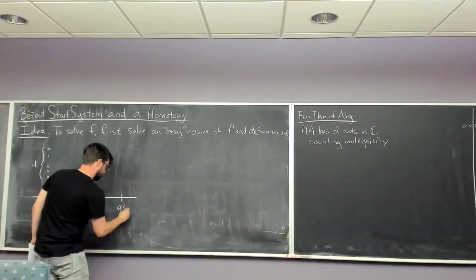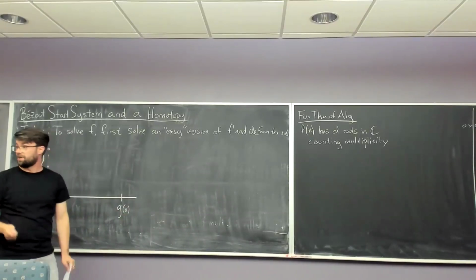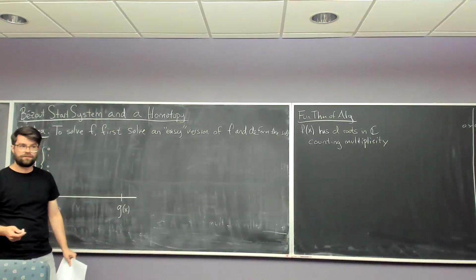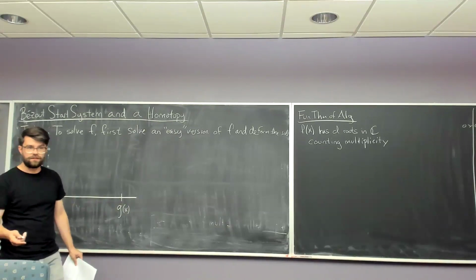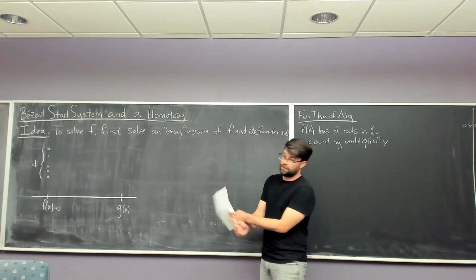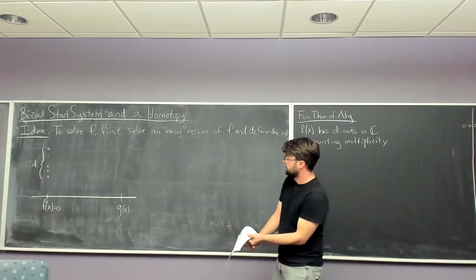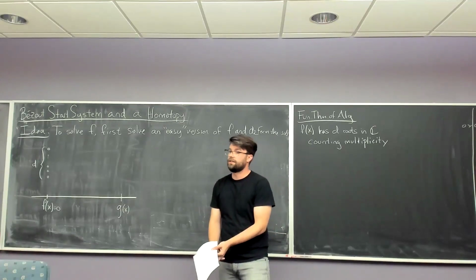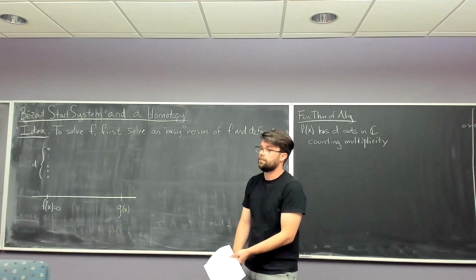So we want to cook up the easiest polynomial of degree d possible to solve, which has some nice properties. Those nice properties will be that, well, 1, we know the solutions. 2, they're all distinct, so no multiple roots. And 3, they're well spaced out in the complex plane.